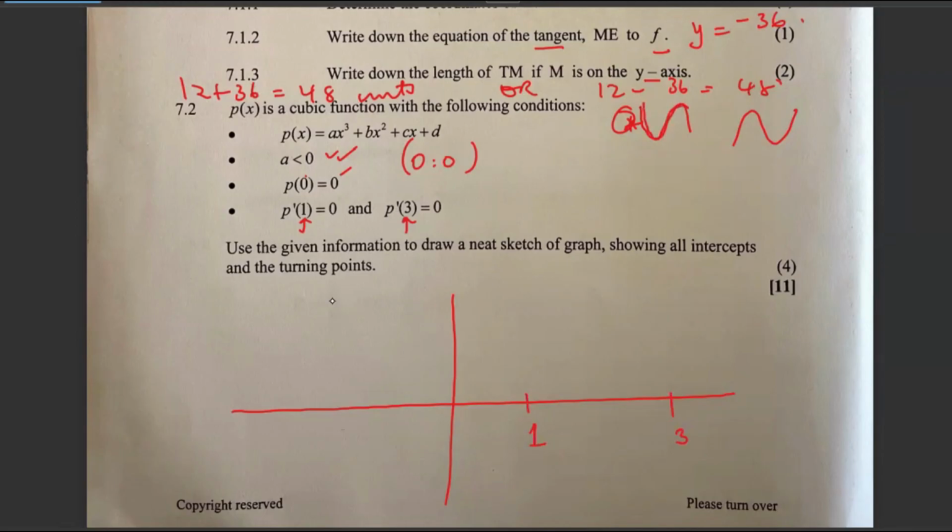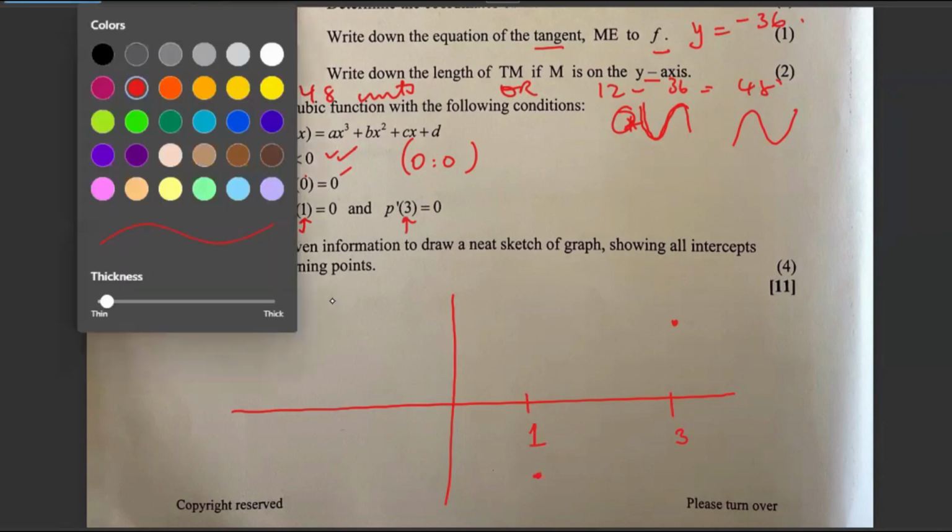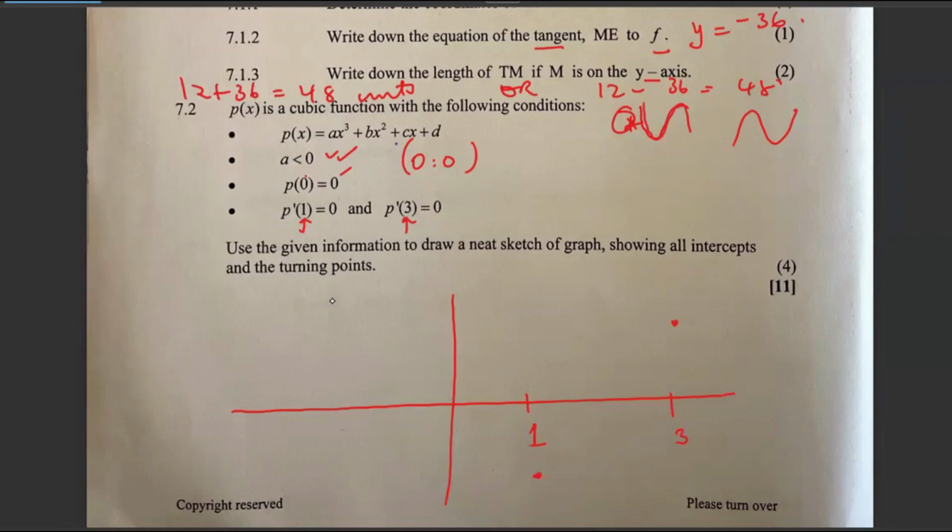So if our turning point has a y value somewhere here, and this turning point has a y value somewhere there, if I sketch this, it would come up to something like that. I don't know, based on this.